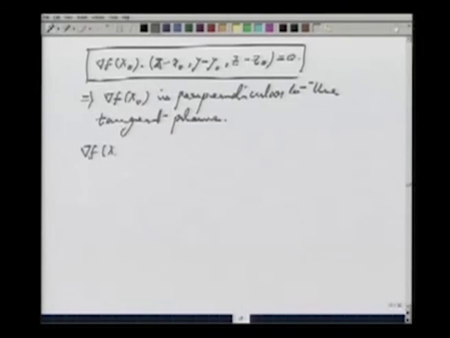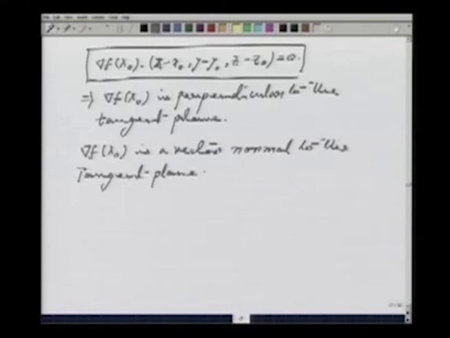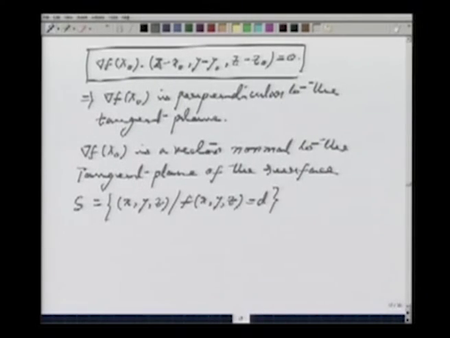So what we got, the geometric interpretation of grad f at x naught, is a vector which is normal to the tangent plane of the surface S, where the surface is all x, y, z such that f of x, y, z equals d, at the point x naught given by x naught, y naught, z naught.